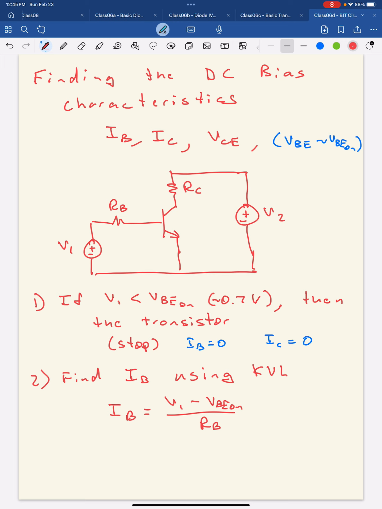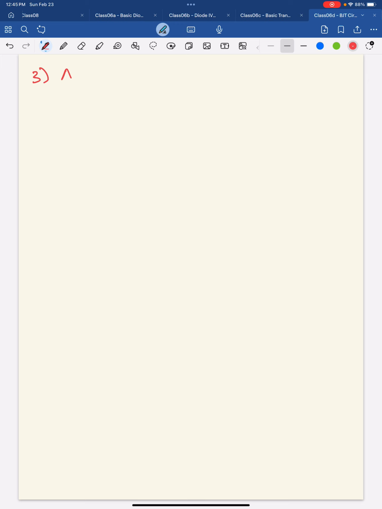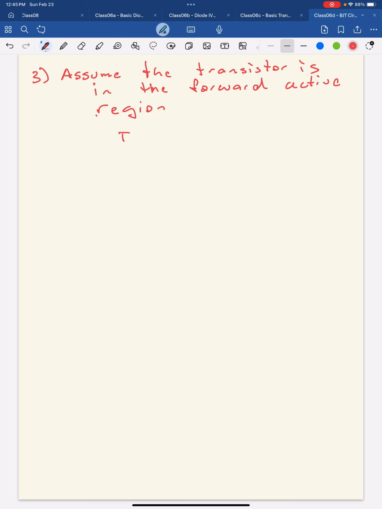So our next step is, I'm going to go on to the next page, assume, this isn't really a step, assume the transistor is in forward active. So with that in mind, we had that relationship between the base current and the collector current in the previous video, and we can say IC is then beta IB, a linear relationship.